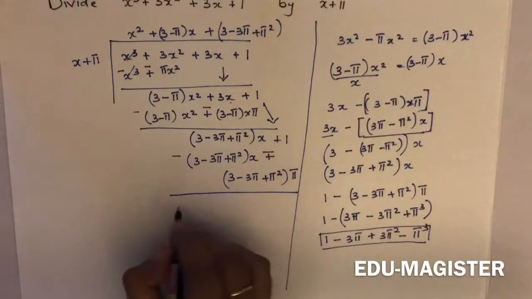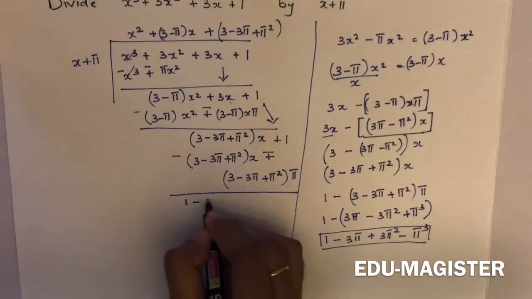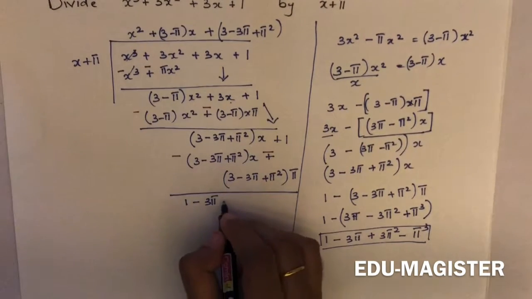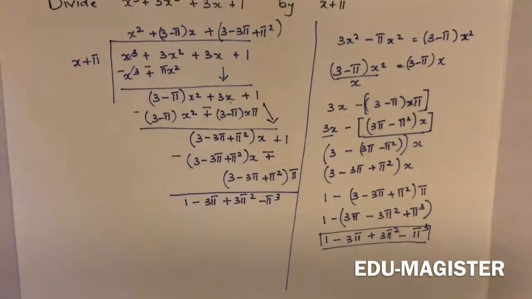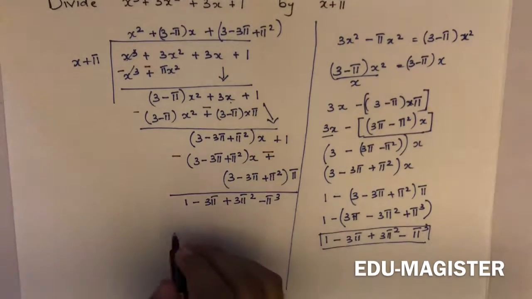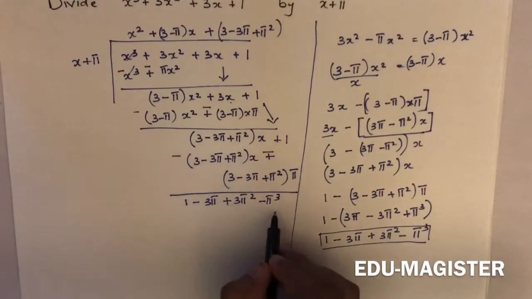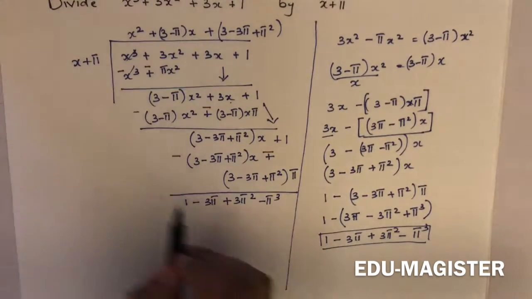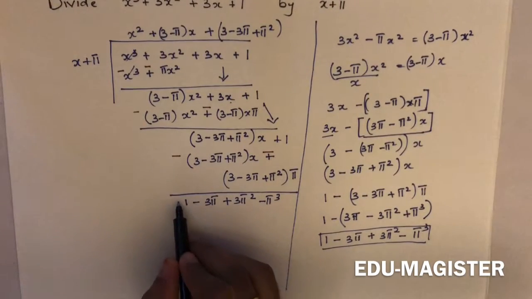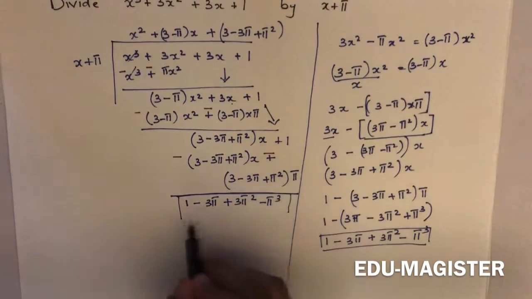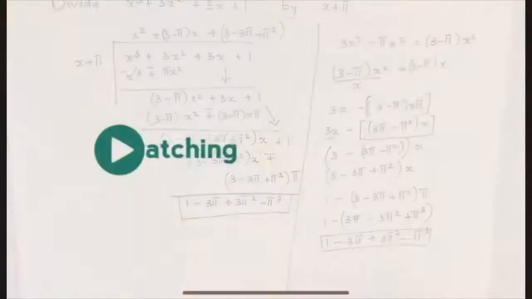So we'll write that down here. 1 minus 3 pi plus 3 pi square minus pi cube. Now since we don't have any x terms, we will not further do the division. We'll stop here, and this will be the remainder of the division.